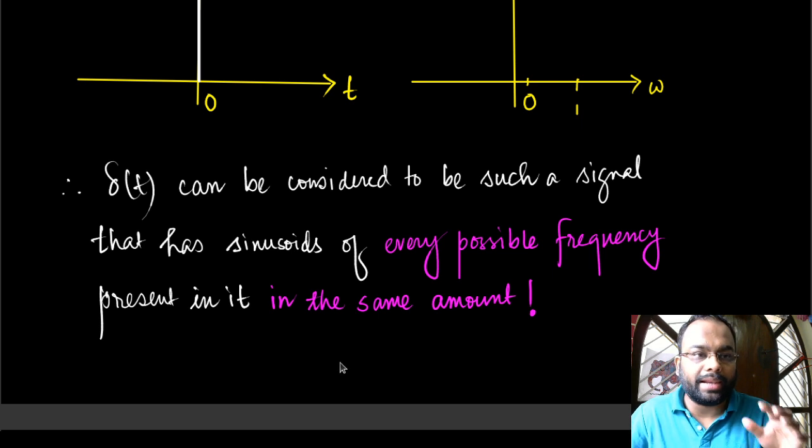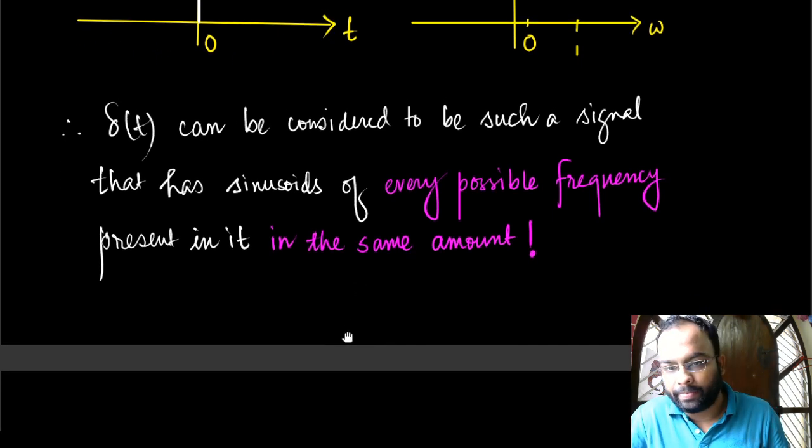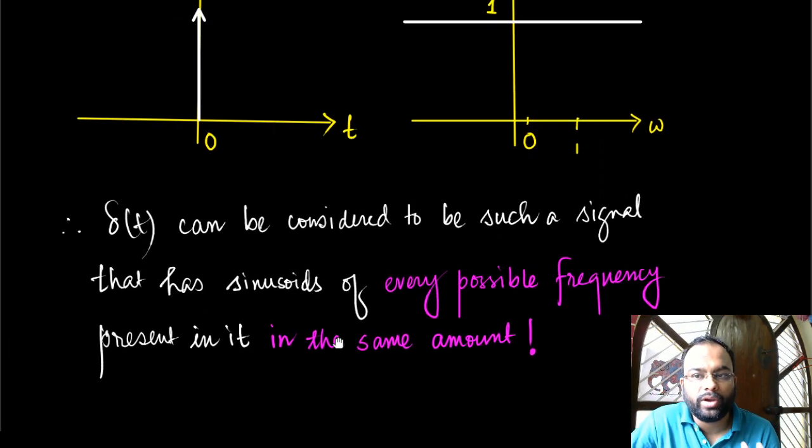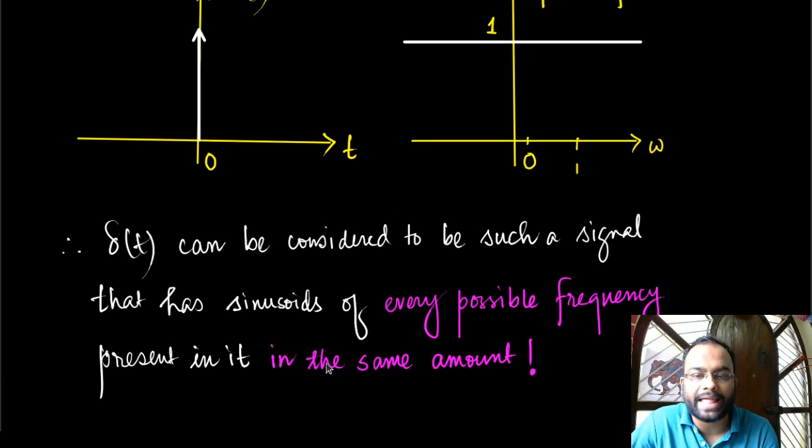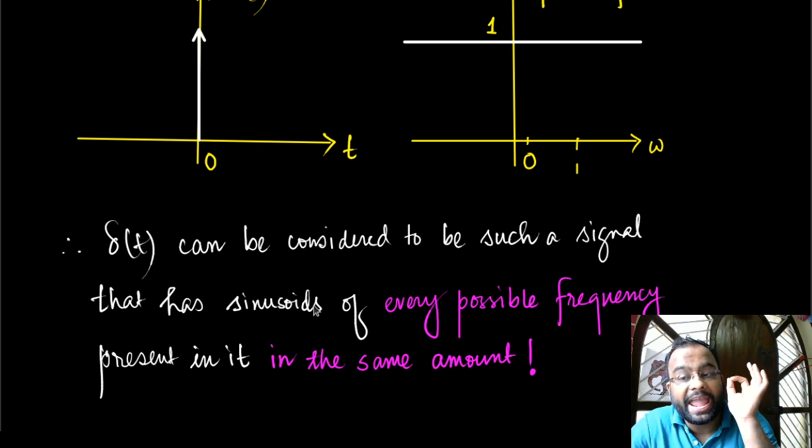So let this statement sink in for a moment. What this Fourier transform told me is that delta t can be considered to be such a signal that has sinusoids of every possible frequency present in it in the same amount.